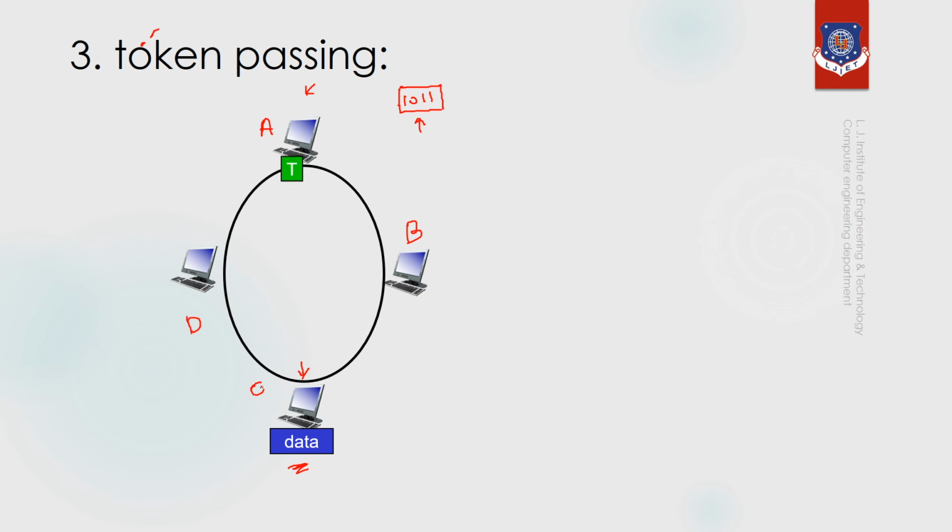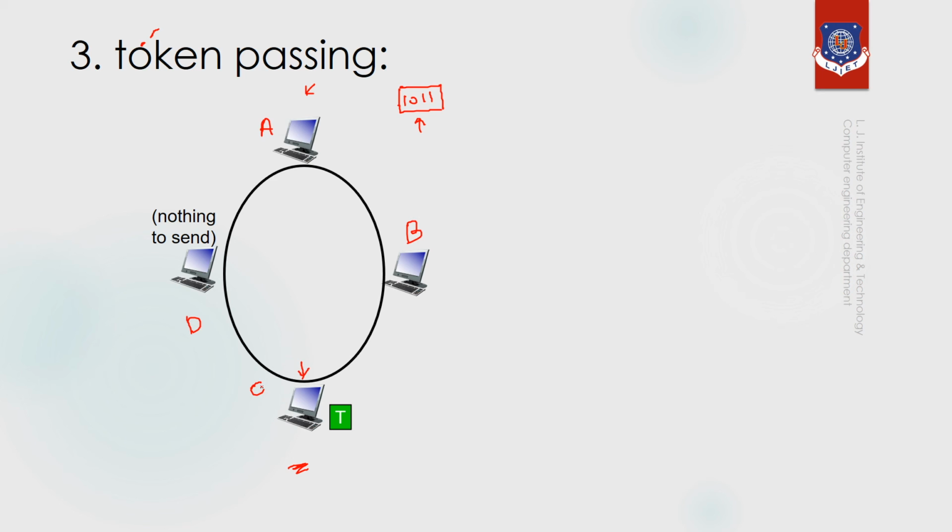The token will be passed to D, but D has nothing to send, so device D will pass that token to device C. Now device C has data to send and the token has arrived, so device C will send data. The flow of the data can be both clockwise and anti-clockwise, right?